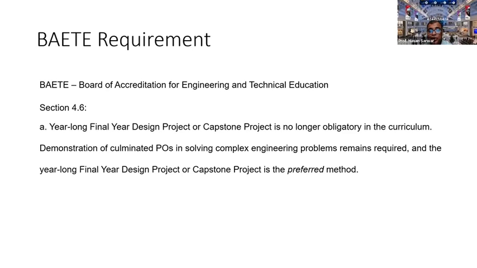We'll talk about these POs, and where we'll be demonstrating them in solving complex engineering problems. When we are talking about too many POs, the final year design project or capstone project is the preferred method.